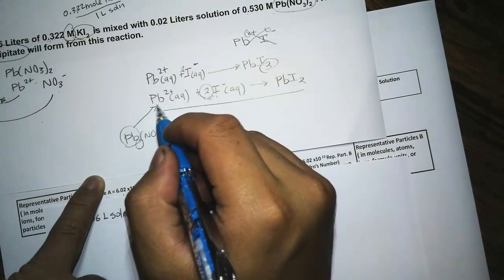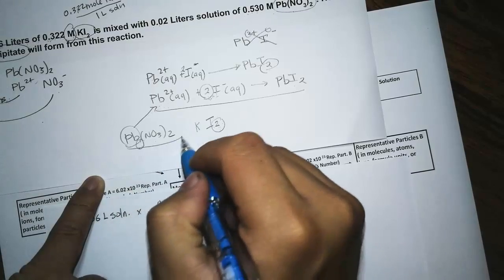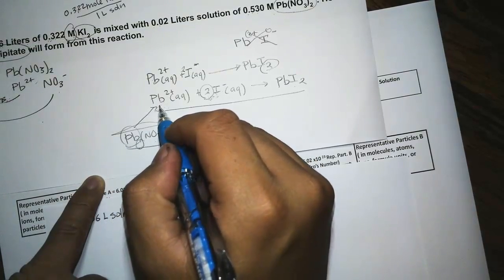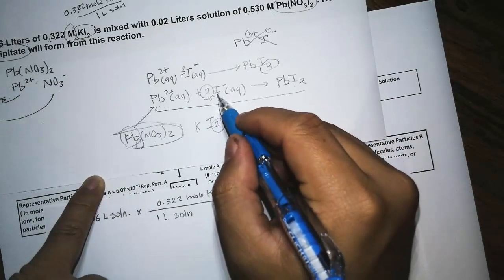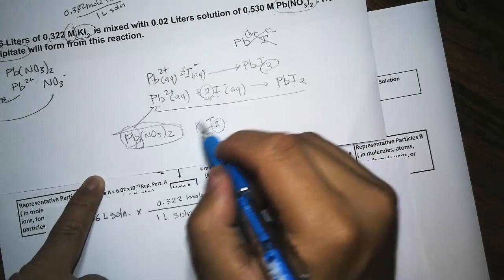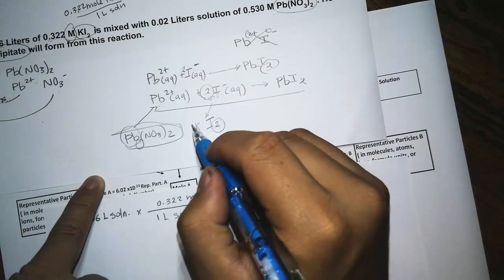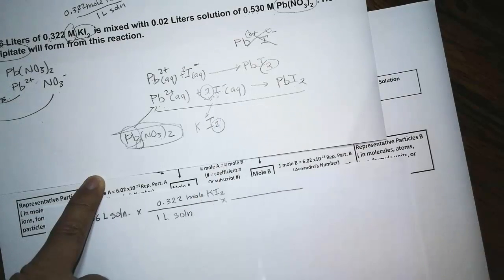We need to realize that lead iodide is coming from lead nitrate, so we can use lead nitrate to represent lead ions. The same thing with iodide: the iodide ions are coming from potassium iodide, so instead of using iodide, we can just use potassium iodide to represent the iodide ions.